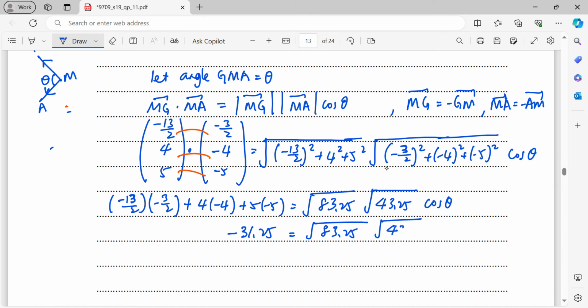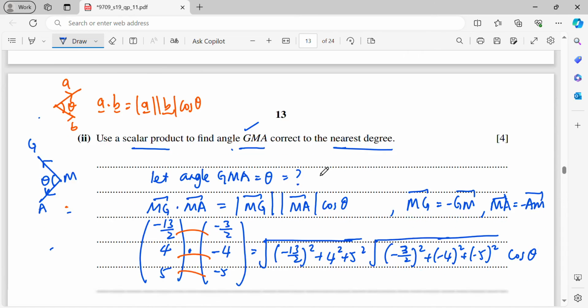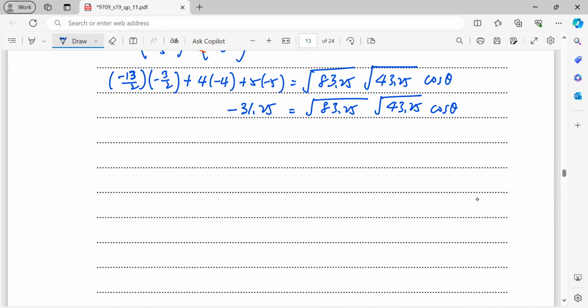So I rewrite the right hand side, and now my purpose is to get theta. Calculate the angle correct to the nearest degree. So from here, my cos theta is negative 31.25 over both square roots. Then my theta is 121.4 degrees.